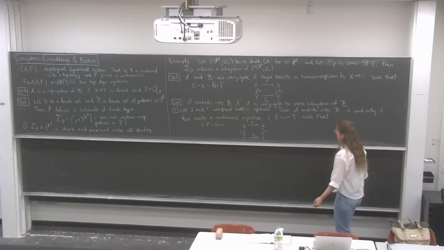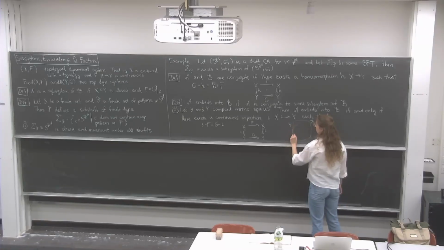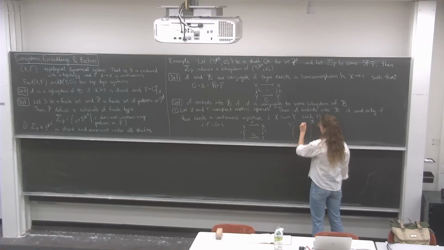It's pretty natural. We have this system B, so there is Y, and inside of it there is some subsystem Y prime.